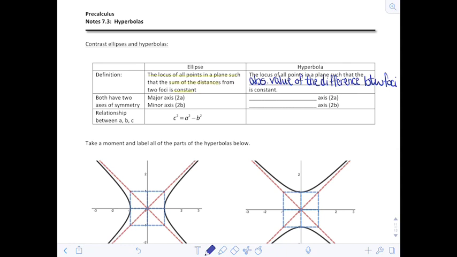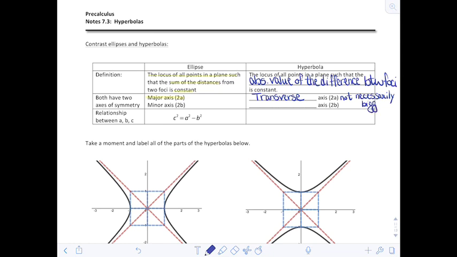Okay, both have two axes of symmetry. We know that the major axis in an ellipse has a formula of 2a. Well, with a hyperbola, there's something else that has a formula for 2a, but it's called the transverse axis. Okay, it is not necessarily bigger, and we're going to make a note of that.